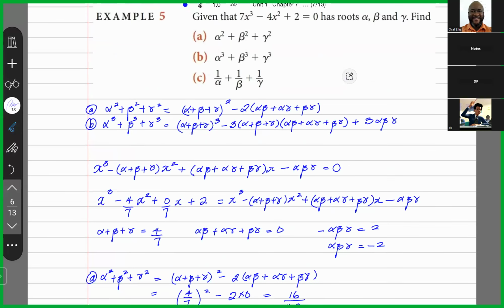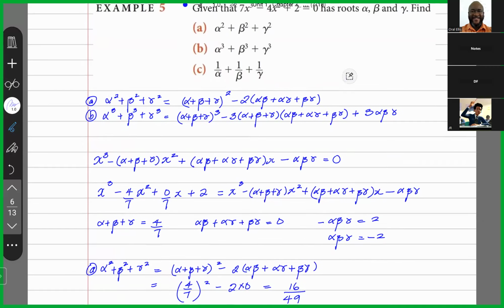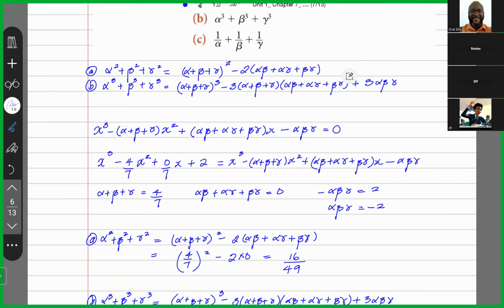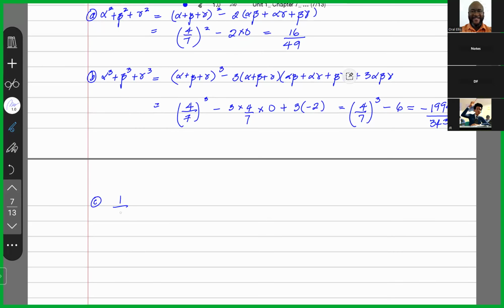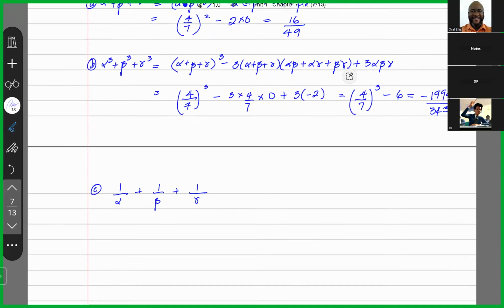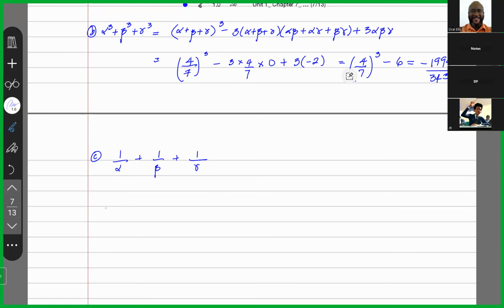Now, the third thing that we're asked to do is to determine the value of 1 over alpha plus 1 over beta plus 1 over gamma. So C, we need the value of 1 over alpha plus 1 over beta plus 1 over gamma. All right, let's make this into one fraction. We're going to find the LCM, which would be alpha beta gamma. Now, alpha into alpha beta gamma is beta gamma times 1, which is beta gamma.